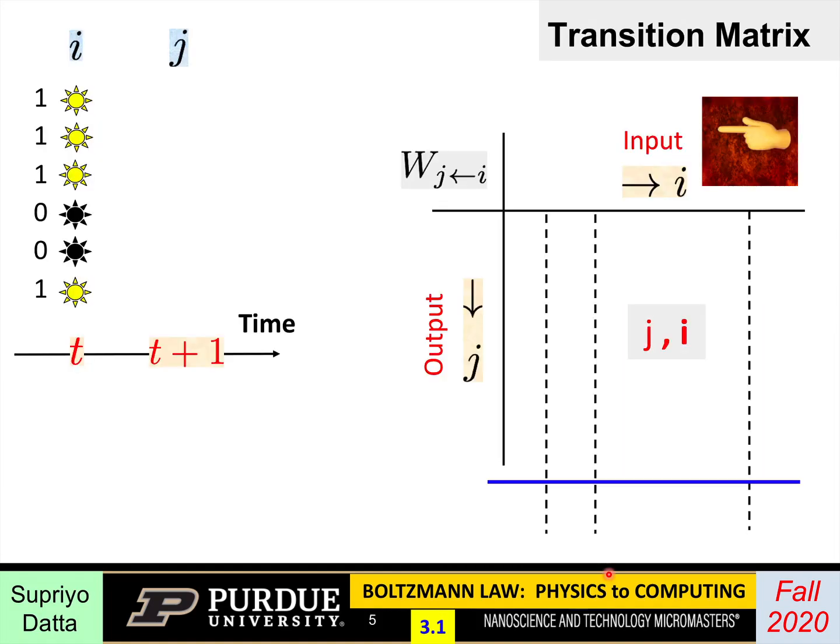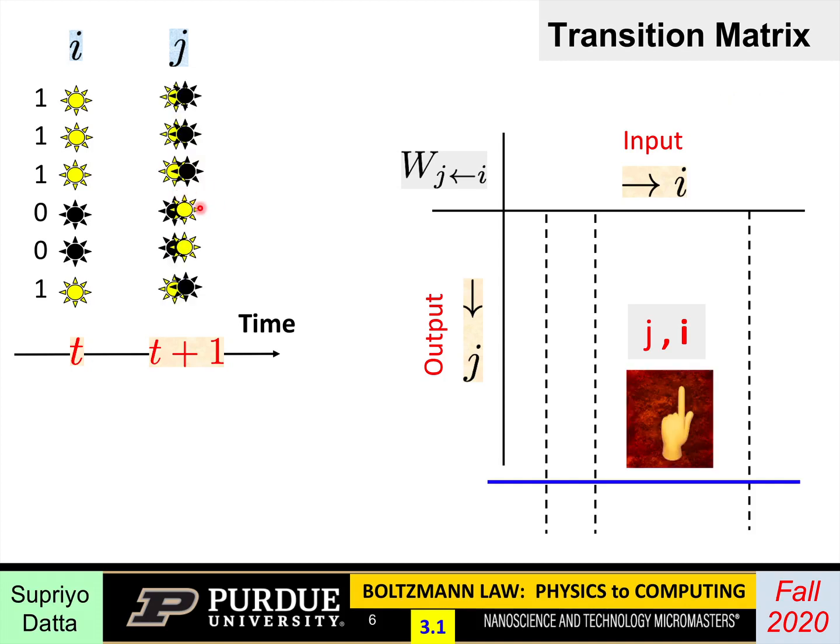Now, let's get started just talking about this transition matrix method. What is it? Well, the idea is that if you have a system in some configuration I, denoted by say 111001, and you want to know what will happen at the next time step. In a probabilistic circuit, it will go to different configurations J with different probabilities.